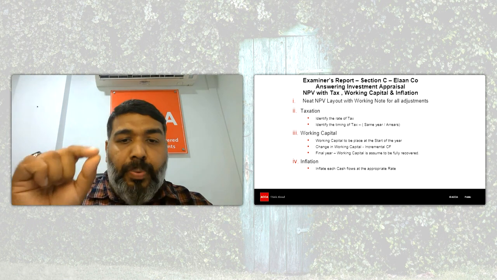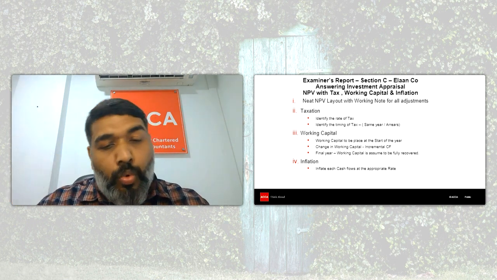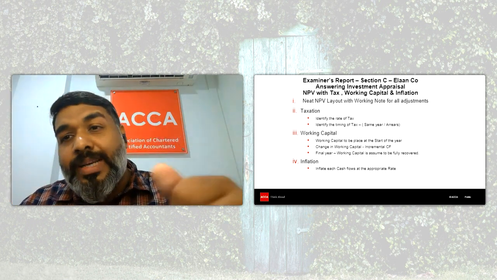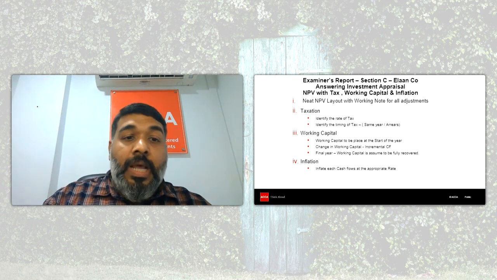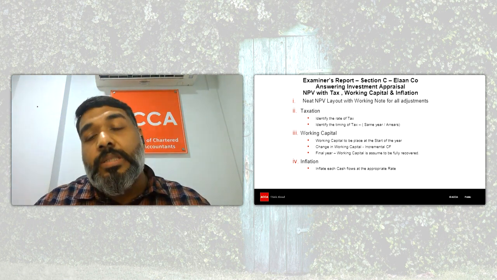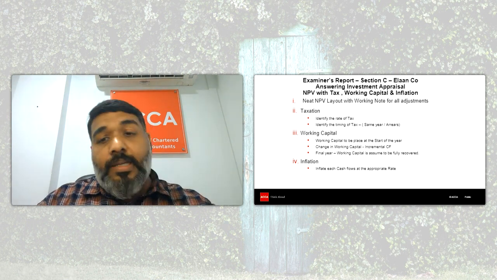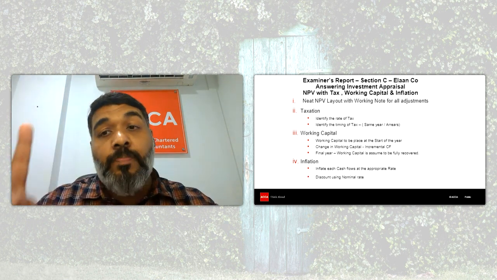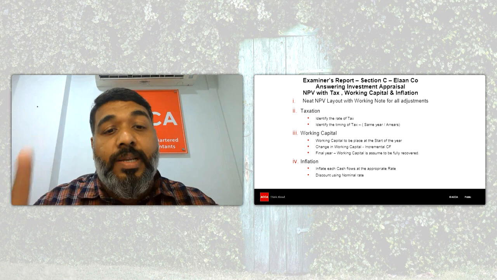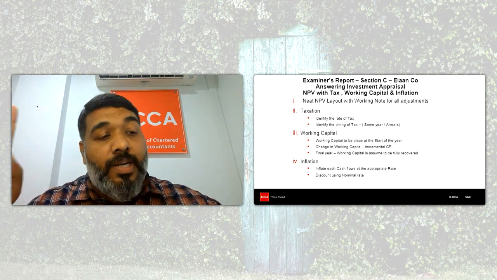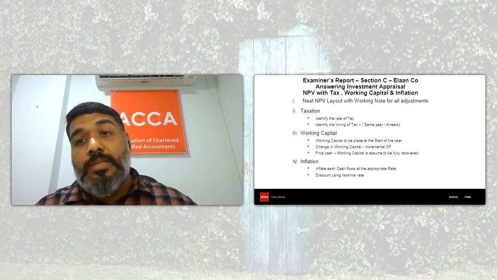So you've got to pick from the question the right point of time when the inflation happens. And the most important thing, once inflated, it is not the real rate that you're going to use as discount factor. I repeat, it is not the real rate, but rather it is a nominal rate which you are going to use as discount factor.